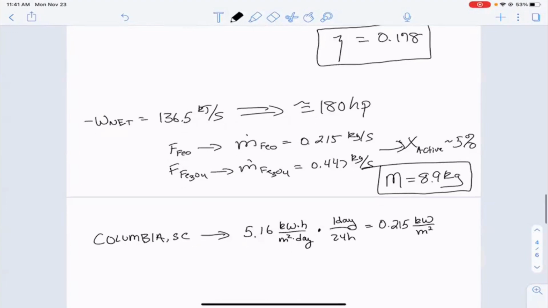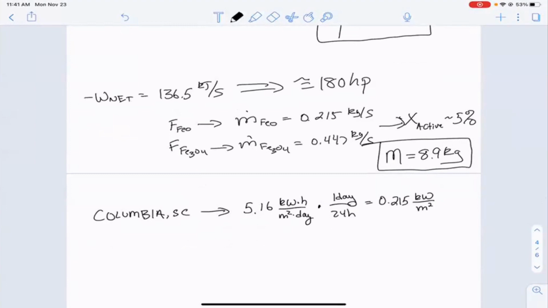Well, we already know, right, so if we were to think about the area here, this equals Q solar in our problem divided by what we get from the sun.